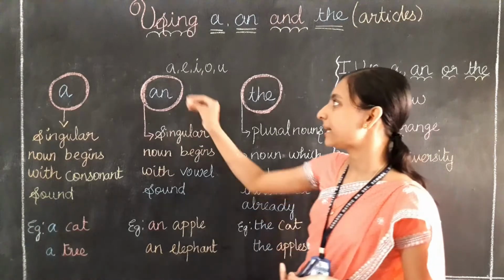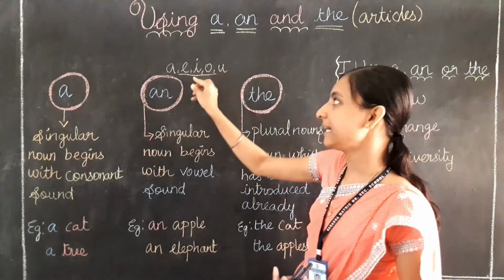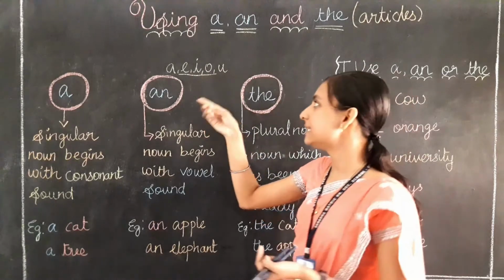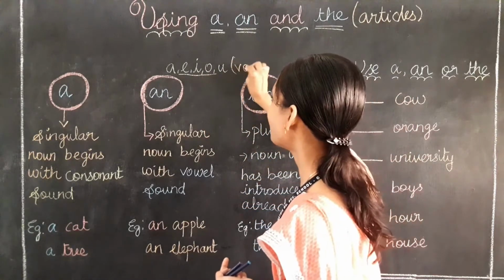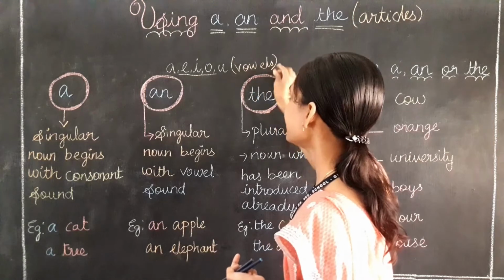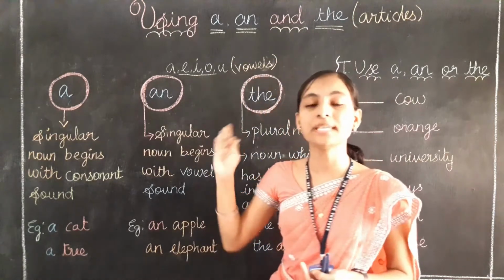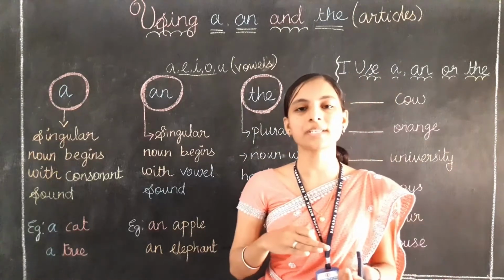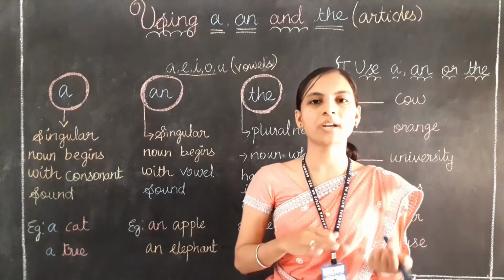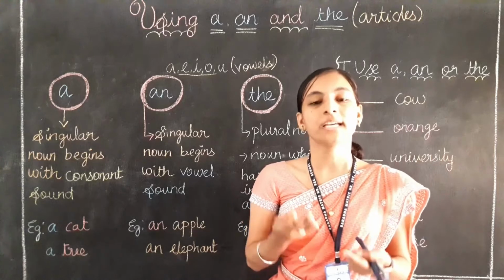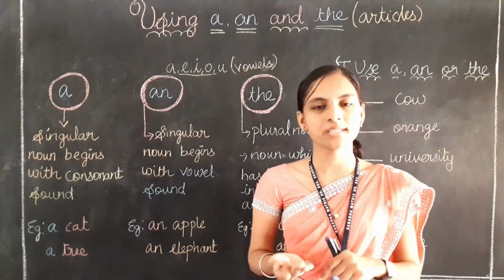What are they? That is A, E, I, O, U. These 5 letters are vowels. Except these 5 letters, all the remaining 21 letters are called consonants.